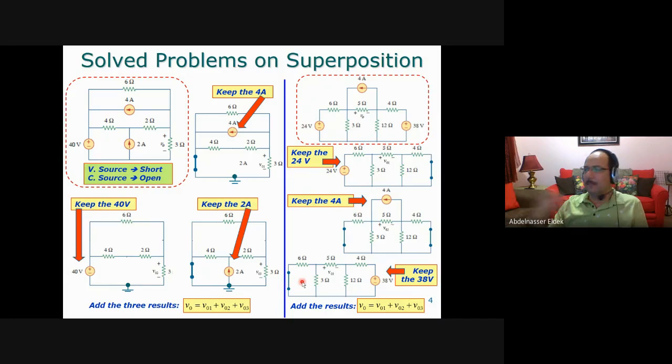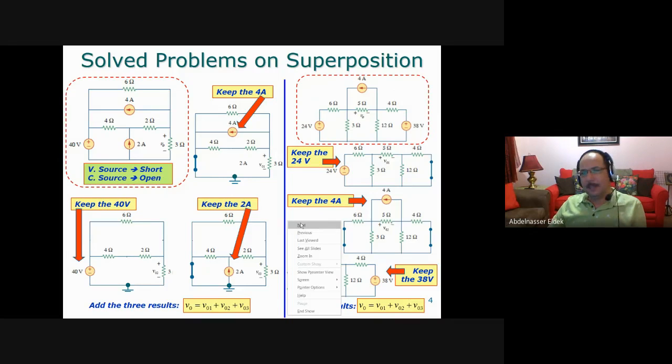Then you calculate the required voltage, here the voltage across this 5 ohm. So here is V01, here is V02, and here is V03. Then the total voltage when all sources exist is V01 plus V02 plus V03. So this is simply the superposition.